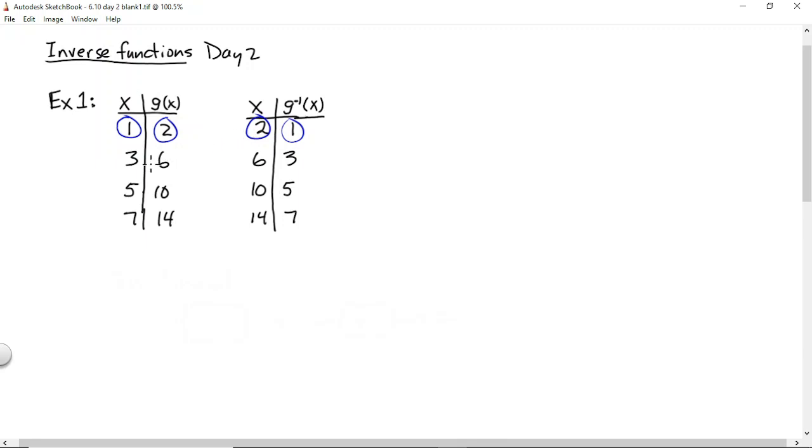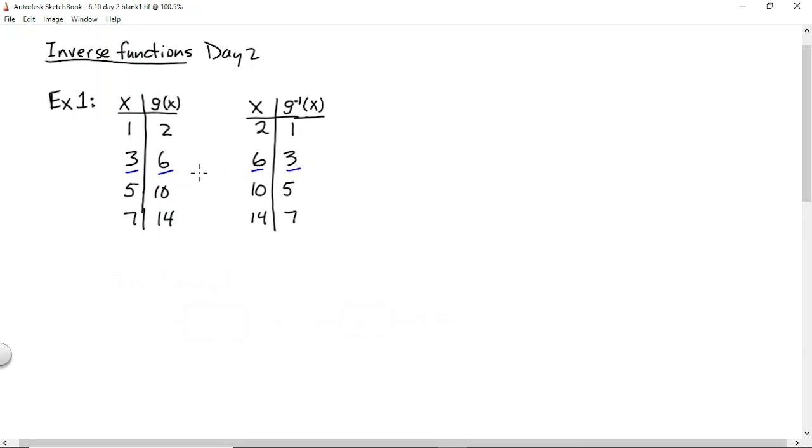Next example, the next point: if you use 3 as an input for g, you get out 6, but if you use that 6 as an input for g inverse, you get output of 3.